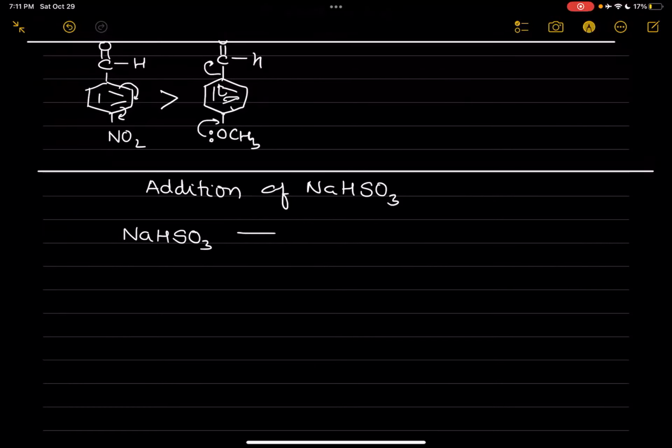So actually, this H plus is a bit acidic, so you can take this H plus out, and its structure is like this: O minus, O minus. One of them was OH, H plus. Is it clear?